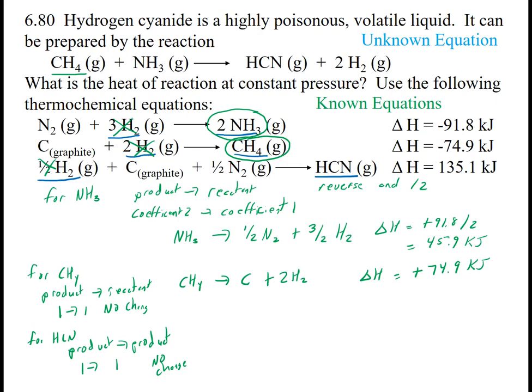I wish I had these lined up better, but I don't. So I have 1/2 hydrogen plus carbon plus 1/2 nitrogen goes to form HCN, and my delta H stays 135.1. I didn't make any change, so therefore I just rewrote it.